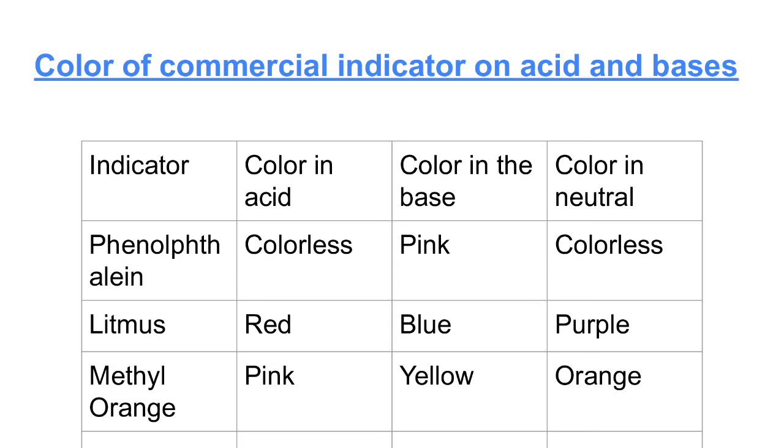Litmus is red in an acid solution, blue in a basic solution, and purple in a neutral solution. And finally, methyl orange is pink in an acid, yellow in a base, and orange in a neutral solution. Those are the different colors that show when different indicators are used on different solutions.